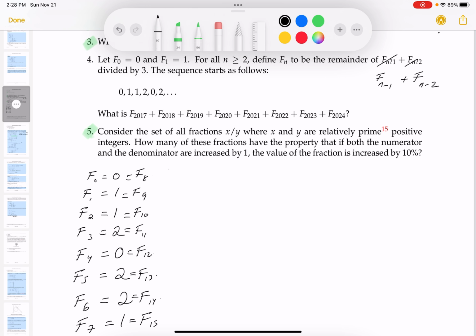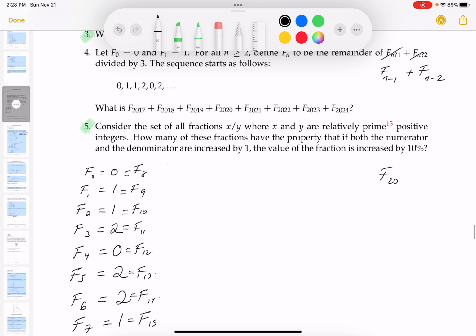Let me write this down. And I'm pretty sure that's some multiple of 8. So I got 0, 8. You get the idea, right?